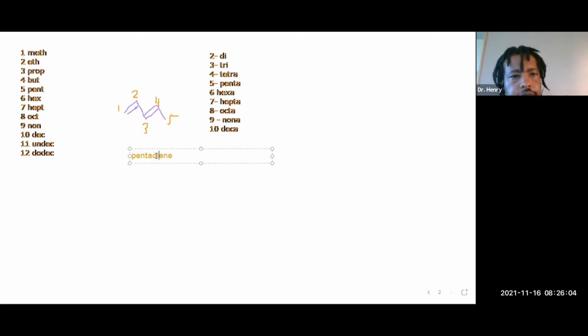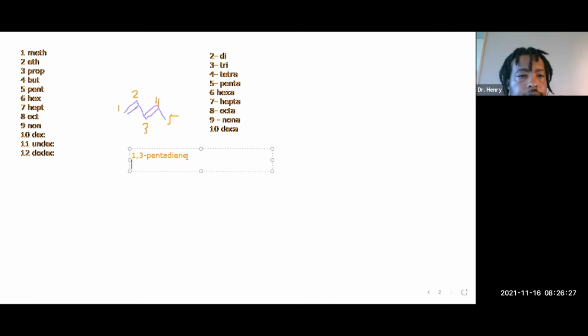Okay, di meaning 2, and we have to say where it's located. It's located on the first carbon, and it's located on the third carbon. So we'd call it 1,3-pentadiene. Okay. So this would be one way of naming it.